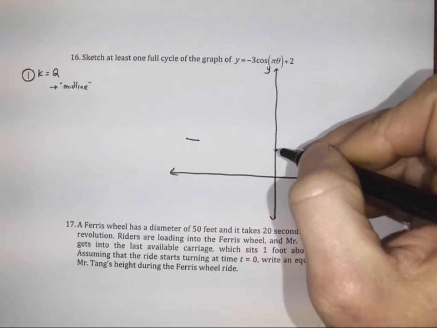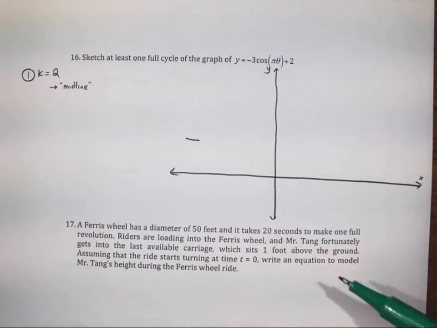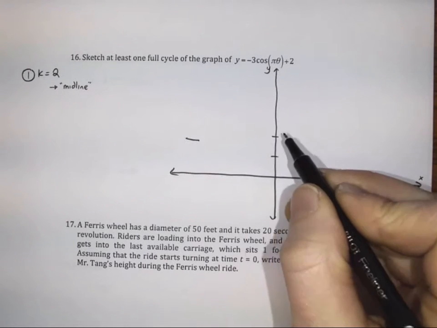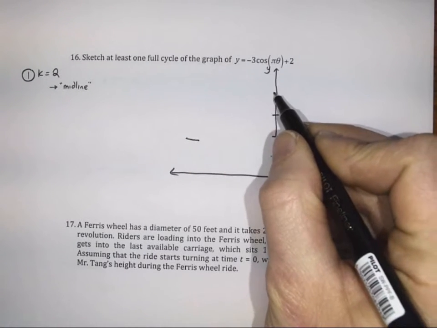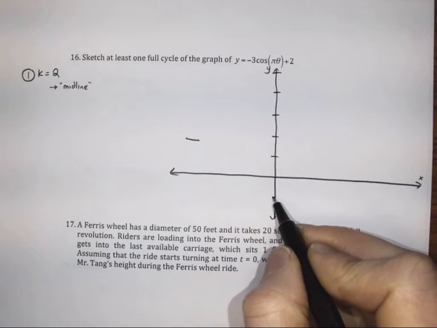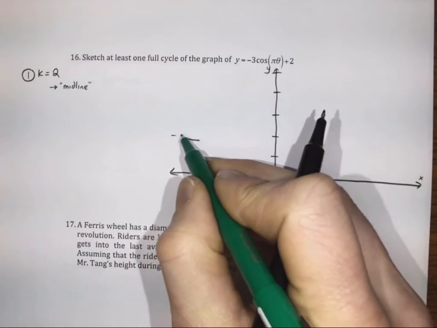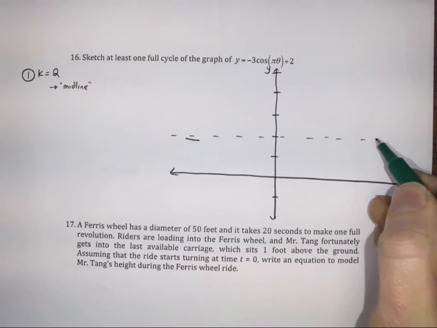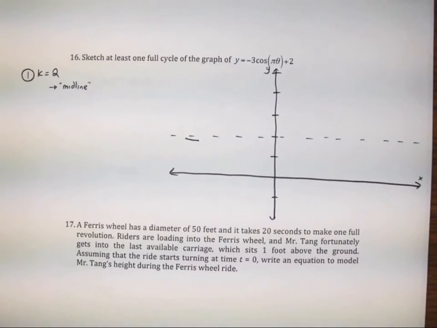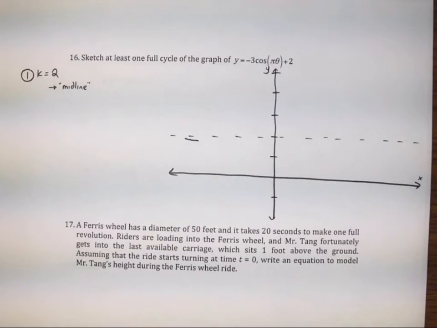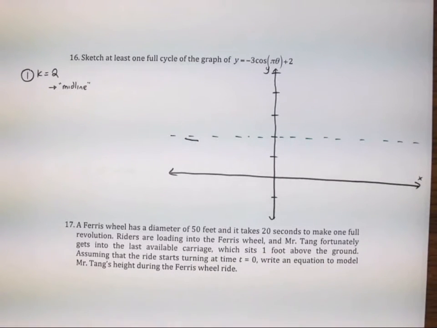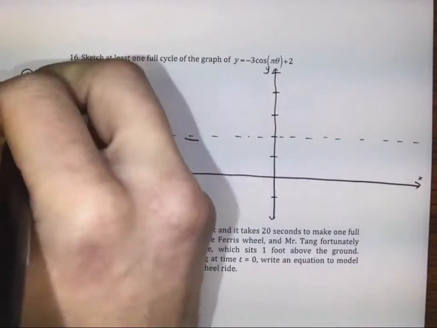I know I want to leave a little more space here, because my midline is 2. So I know that the graph is going to go through the line y equals 2 like that. Half of it is going to be above it, half of it below it. Okay, so I know that much.